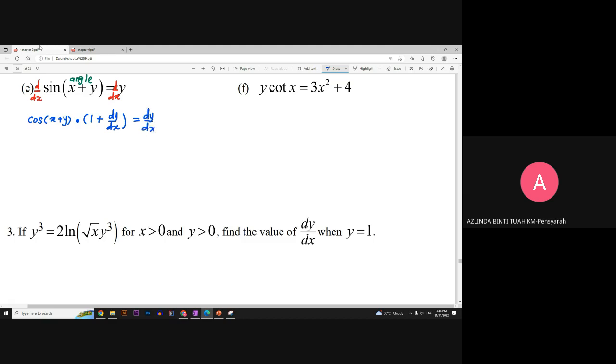And then I will expand the bracket so that we can see clearly the terms that contain dy dx. Okay, expand: cos x plus y, plus cos x plus y dy dx.